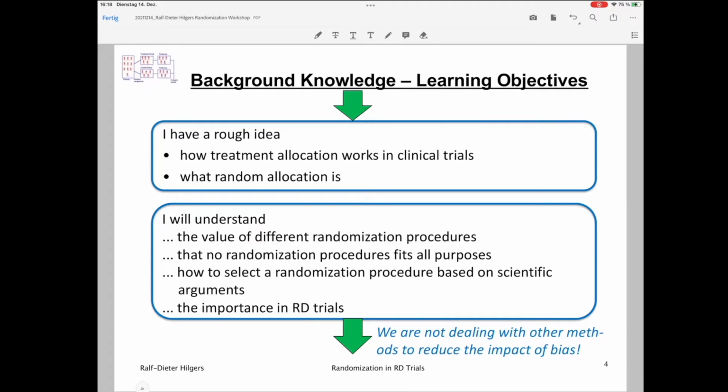The discussion is very strongly connected to what we call bias, because randomization is mostly done to avoid or mitigate bias. And so I will be dealing also with the subject of bias at some places, but I will not deal with other methods to reduce bias than randomization. I know there are other methods available, but I will not deal with that.